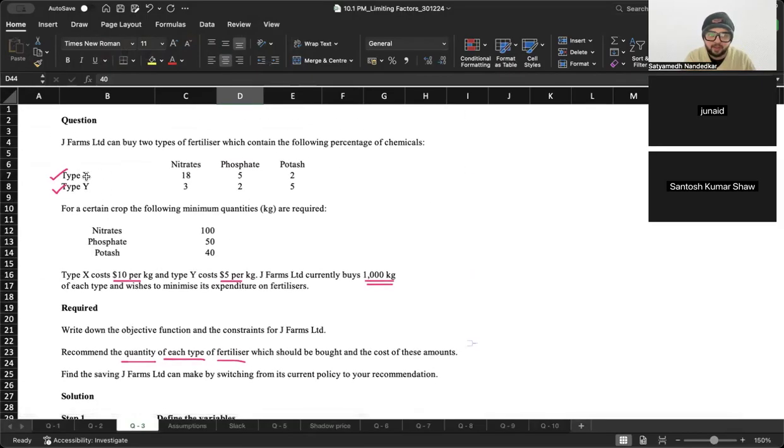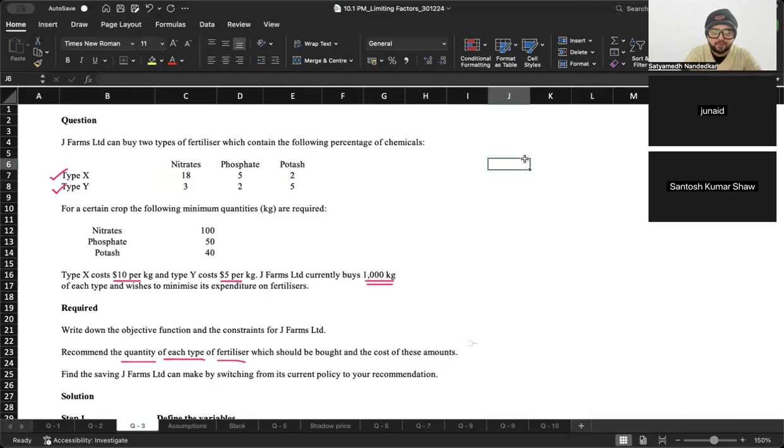So when you buy type X fertilizer, it contains 18% nitrate and 5% phosphate and 2% potash. When you buy type Y fertilizer, you get 3% nitrate and 2% phosphate and 5% potash.